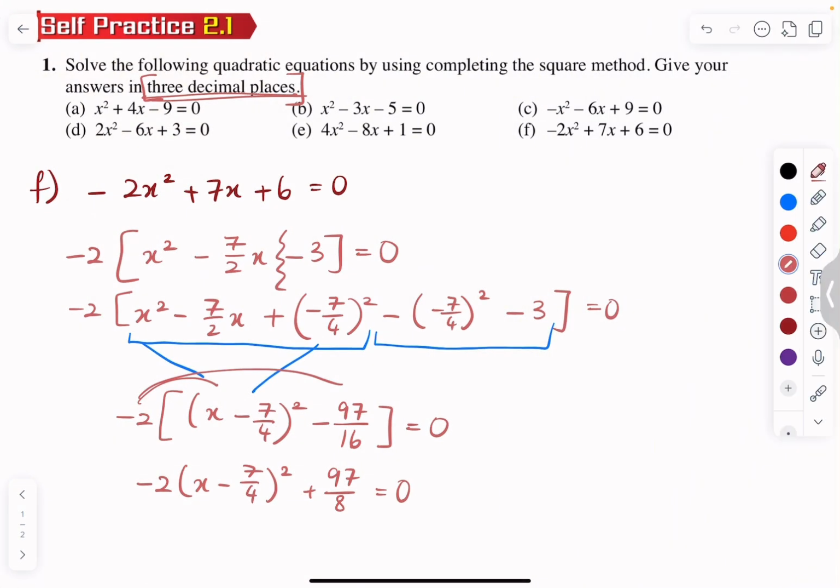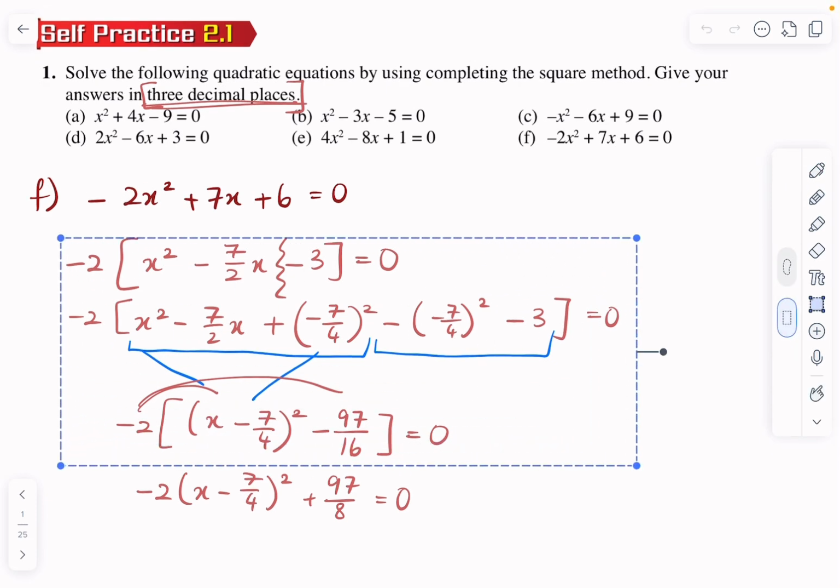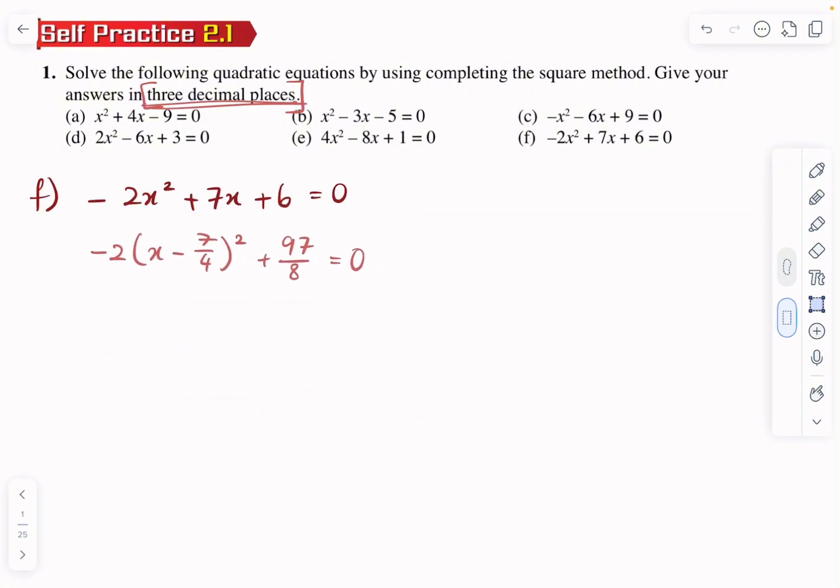Okay. Now let's solve this. Delete all these. Alright. So this is completing the square form. Now we need to make x the subject. So negative 2 times x minus 7 over 4 square equals to negative 97 over 8.